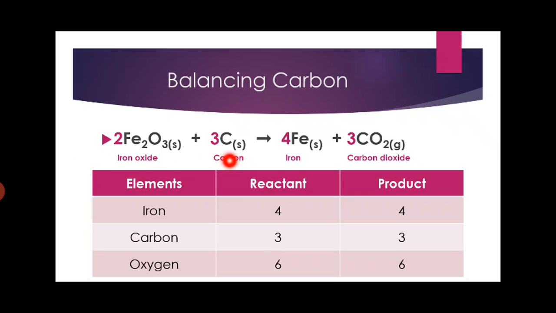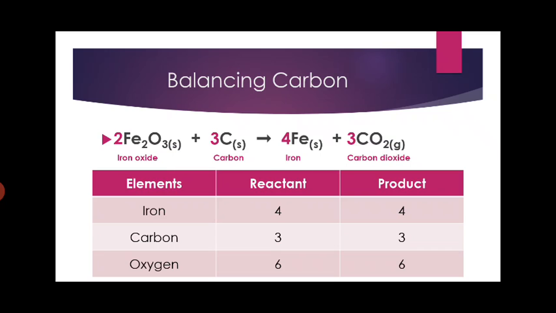After placing this coefficient, again count the number of atoms on each side of the balanced chemical equation. 2 into 2, 4 iron on the reactant side, 4 iron on the product side. Now it's balanced. 3 carbon on the reactant side, 3 carbon on the product side. Carbon is balanced. 2 into 3, 6 oxygen on the reactant side and 3 into 2, 6 oxygen on the product side. Now it is also balanced.